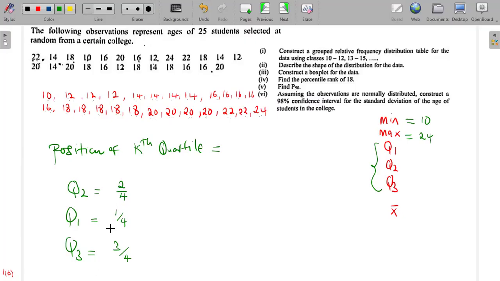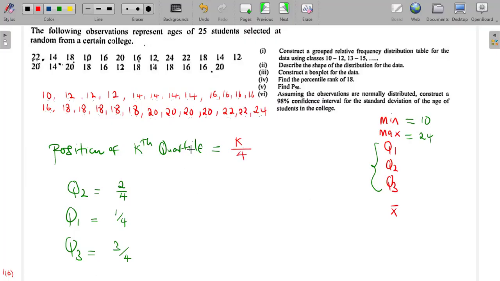That is what it's supposed to give me. So now how do I write this formula in general? In general, the kth quartile is given as k divided by 4.